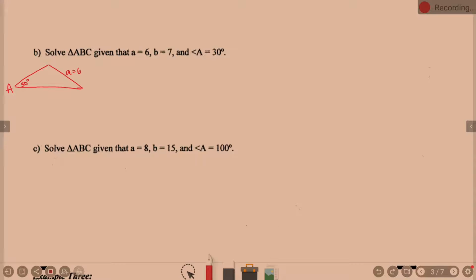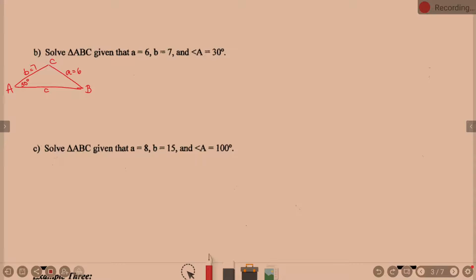This other side over here, I'm going to put this as B as 7. And I'm doing that because the 6 and 7 are similar, kind of like last time. I'm going to label my other pieces. That's angle B, that's got to be angle C, that's got to be side C. Again, like last time, side angle, yes?